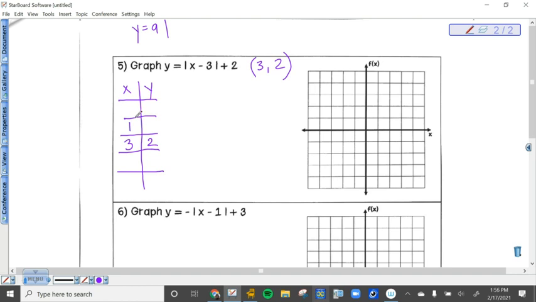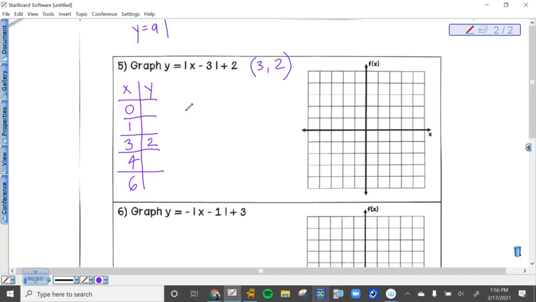Okay, can you give me a number smaller than 2? 1. Smaller than 1? 0. That's better. A number greater than 3? 4. And one more? 6.